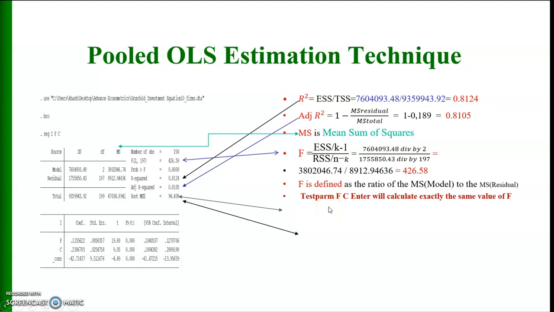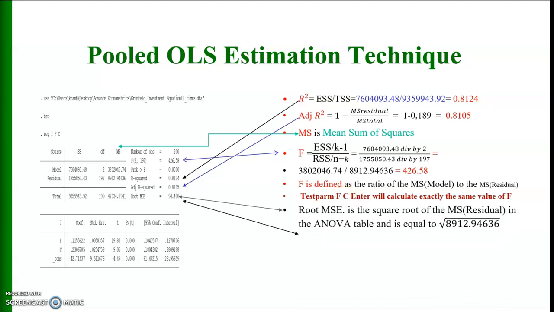We can also get exactly the same value of the F statistic if you use this Stata command, that is test F C, and then enter. So we will calculate exactly the same F value. Here is root MSE, and that is the square root of the MS residual.